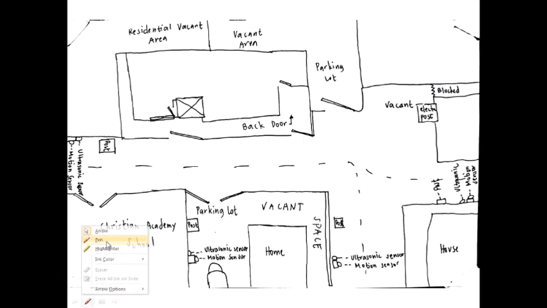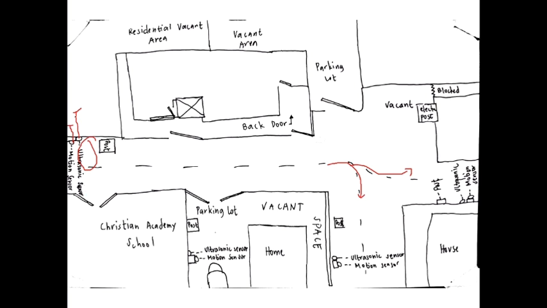So just to be clear, this is the rough sketch for the area of the problem. So this is the blind curve, and this area can be seen from the photo before. So I have here an ultrasonic sensor and a motion sensor.